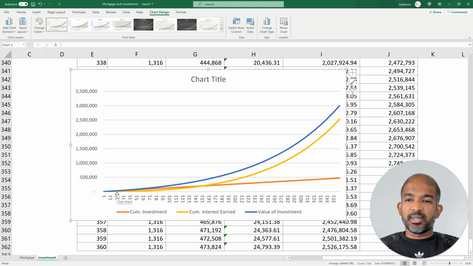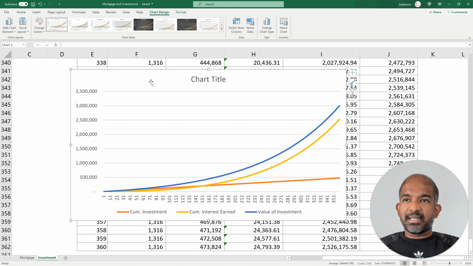So the interest you earn, as you can see, is below the orange line until a certain period, and then it just shoots up and it starts growing exponentially, right? The overall value of the investment potentially is the sum of the orange line and the yellow line. Looks like it reflects more the yellow line rather than the orange line, right? So it depends mostly on the cumulative interest earned.